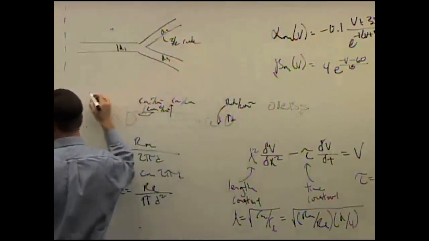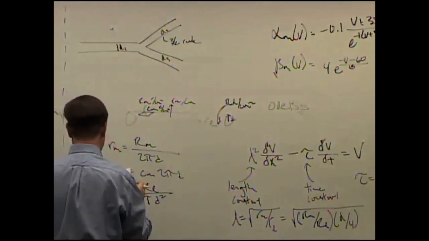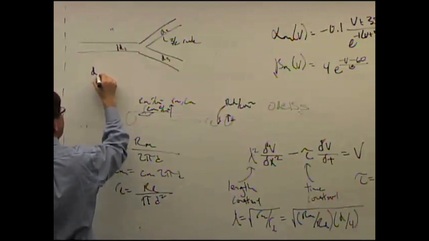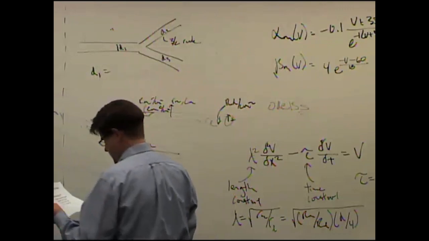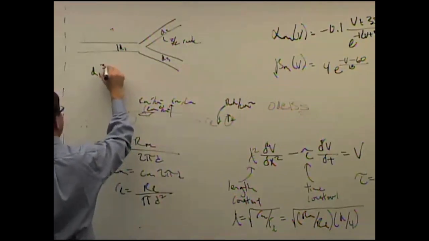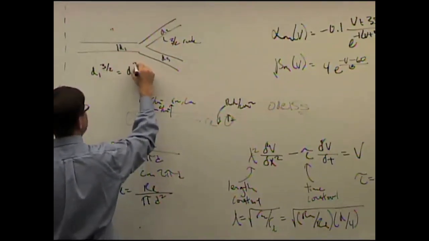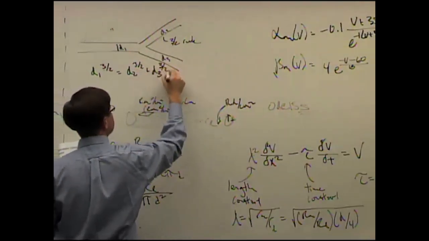And that is, darn it, why don't I write these equations down? Diameter 1. Let's see. Well, I have diameter 1 to the 3/2 has to equal diameter 2 to the 3/2 plus diameter 3 to the 3/2.